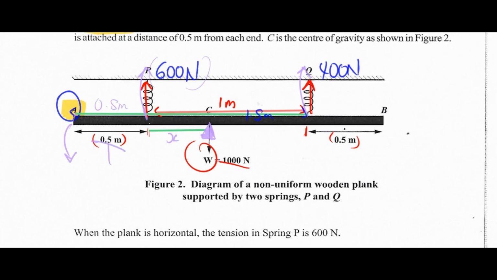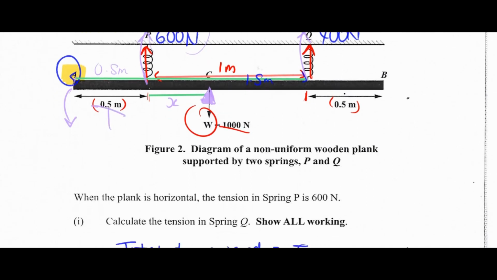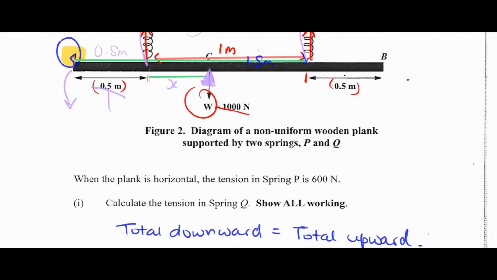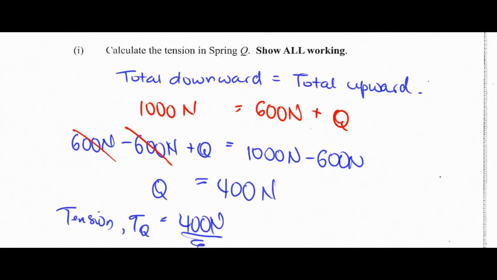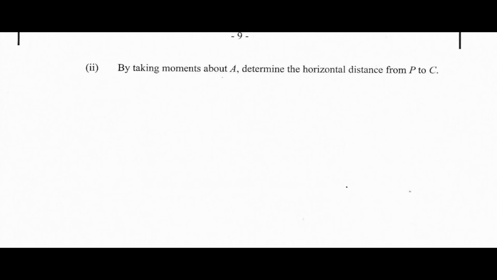All right, so we can actually write out a little algebraic expression for this. So the total anti-clockwise moment, just imagine that I wrote out the entire word, is equal to the total clockwise, right?